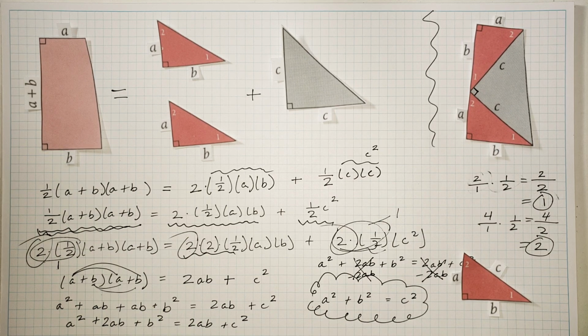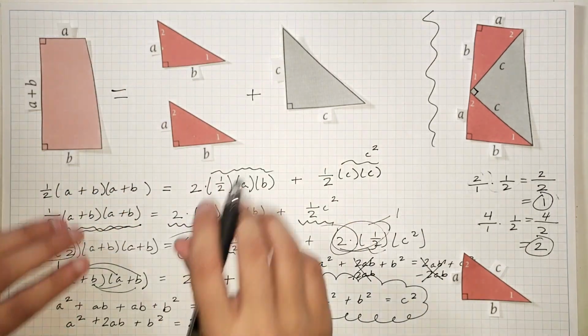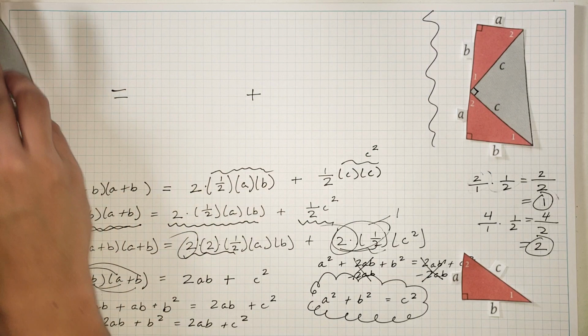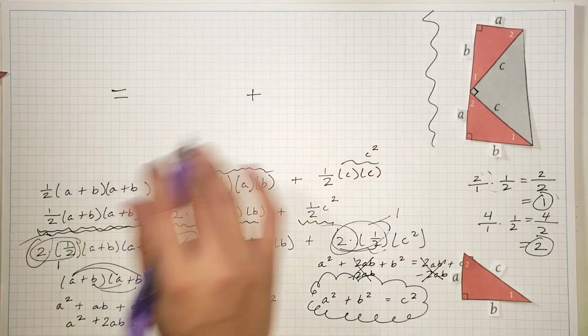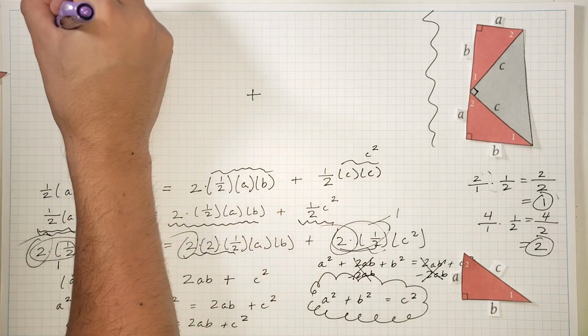There's one last thing that we need to realize, one last concept. Bear with me. I'm just going to take this off. What we did in this entire video was this.